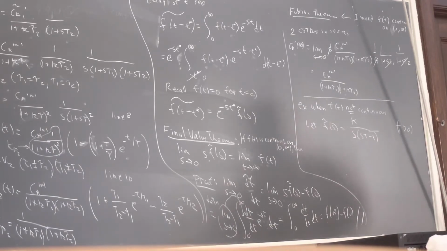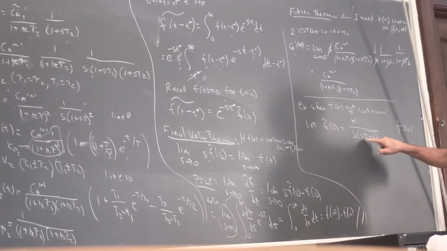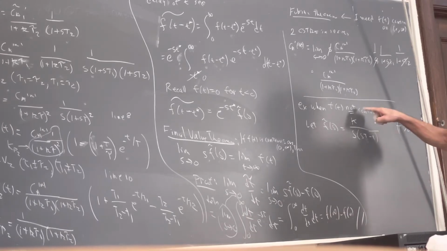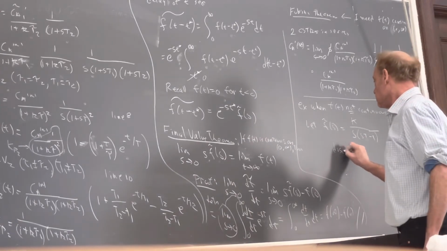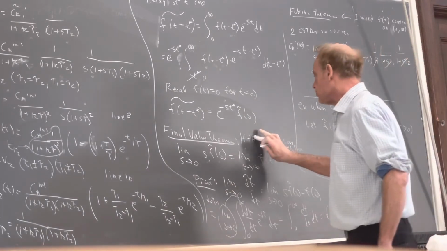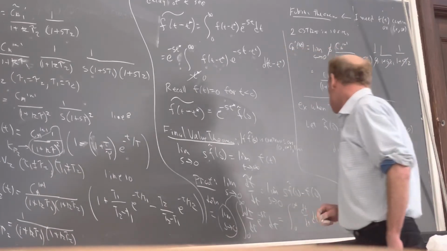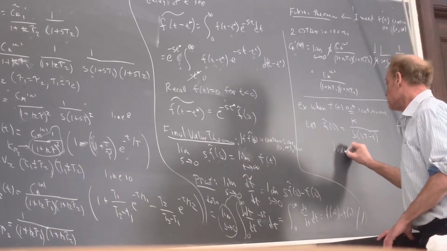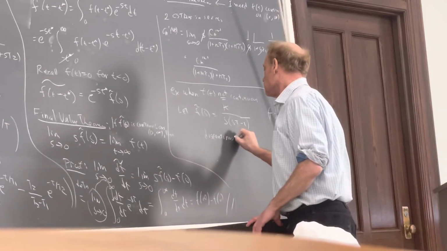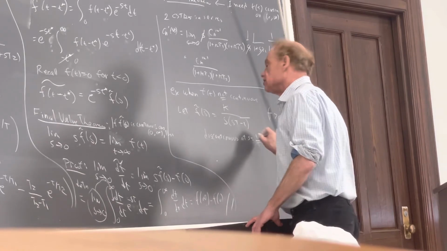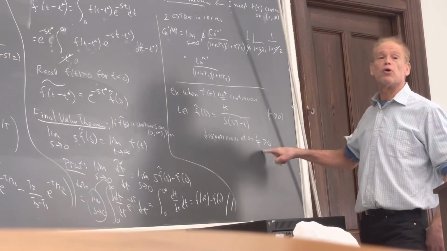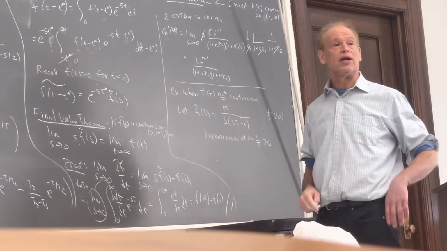So notice, when t is positive, then when s is equal to 1 over t, which is a positive number, this becomes 0 and it blows up. So this is discontinuous. So here I get f tilde of s discontinuous at s equal to 1 over t, greater than 0. If t were negative, that wouldn't be a problem. I only need it to be continuous on 0 to infinity.